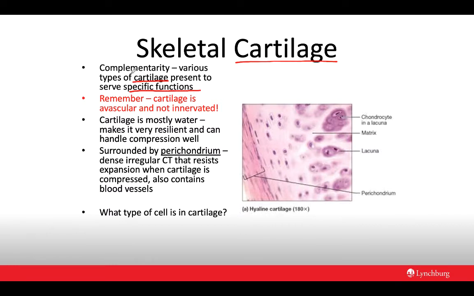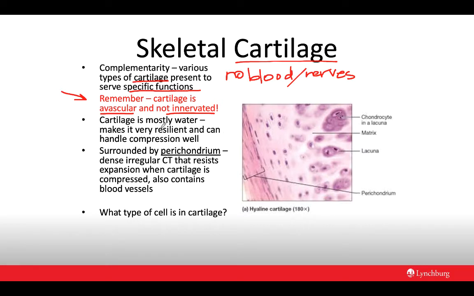And if you recall from our tissue information, cartilage is avascular, which, if you remember what that means, it means that it has no blood, so no blood supply dedicated to it. And then it has no nerves, so it's not innervated. So no blood and no nerves present in cartilage.